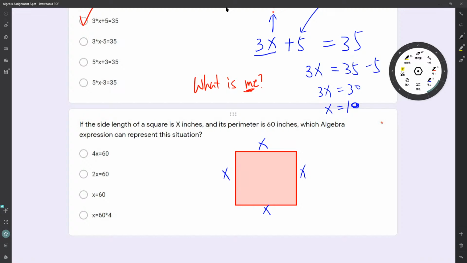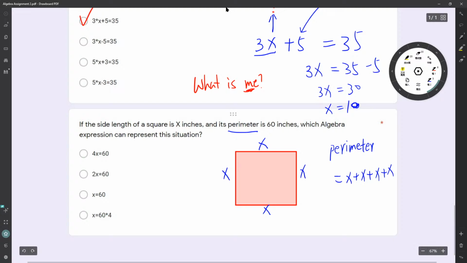The perimeter is 60 inches. Perimeter is all the four sides added up. I hope you remember this from your previous lessons. It's going to be x plus x plus x plus x, and that's 60.